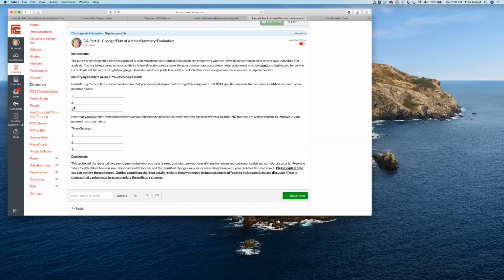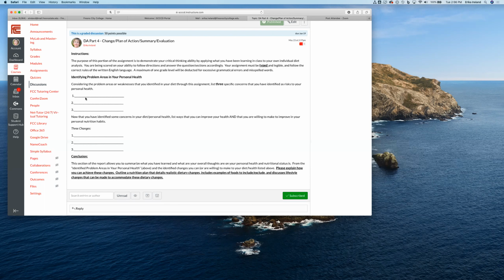So I'm going to give you an example. One of the things that I see a lot of students do when I look at their diet is, of the top 3, they look at the acceptable macronutrient distribution ranges that you needed for carbohydrate, protein, and fat. Those aren't oftentimes in balance, and so students sometimes look at that as an area that they want to improve.